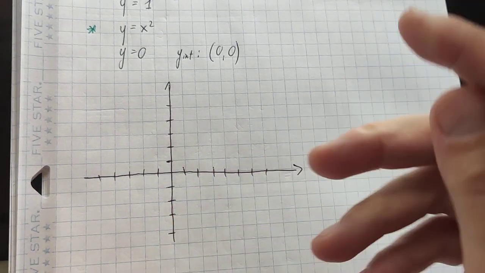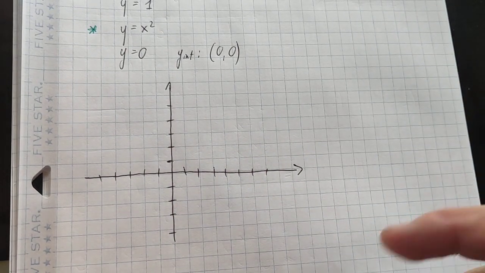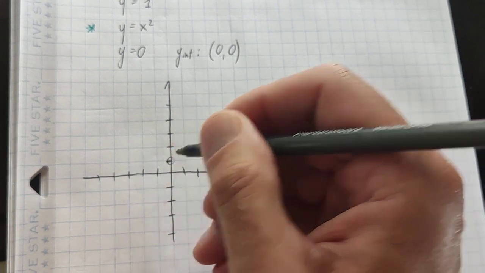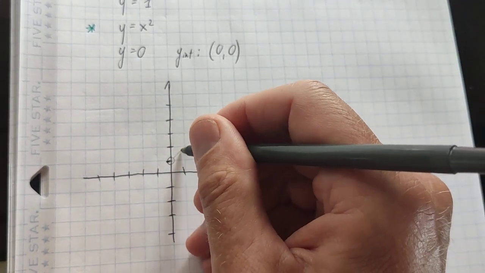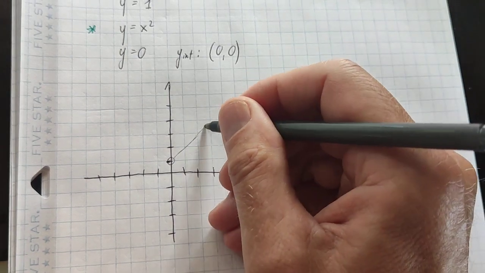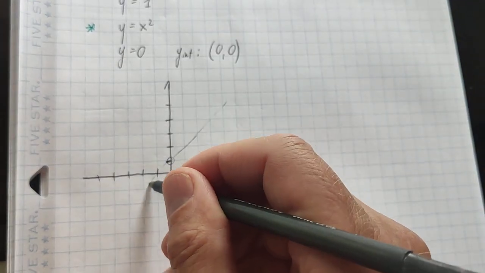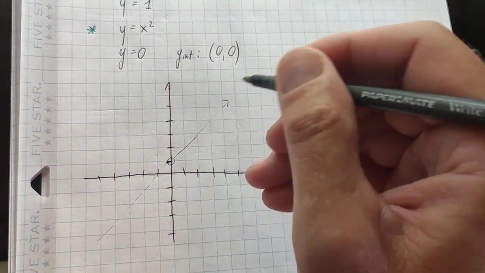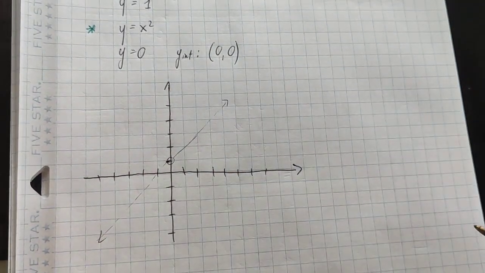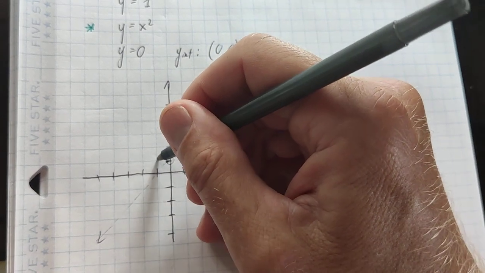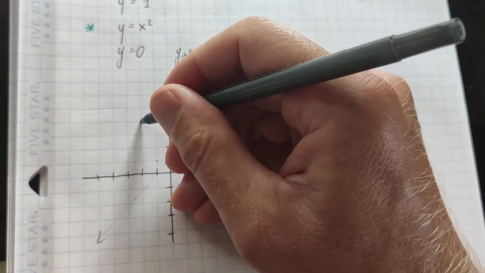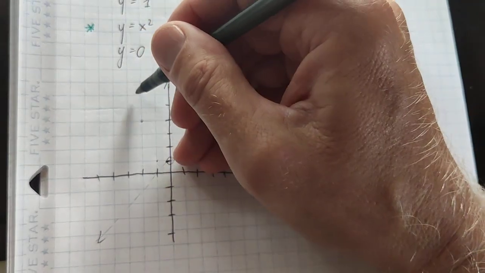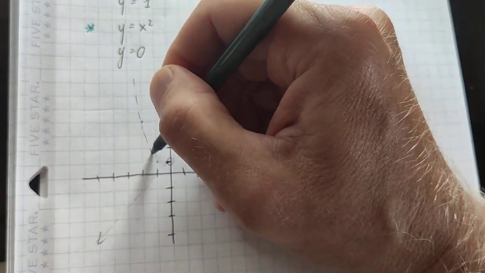So first function is x plus 1. Okay, I'm just going to make it open circle because I don't know what's happening there. And now drawing it lightly. And then the other function is x squared. So for 1 I get 1, for 2 I get 4, right? Same thing on this side. It's just a parabola.